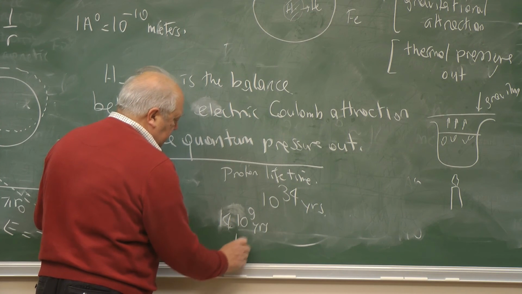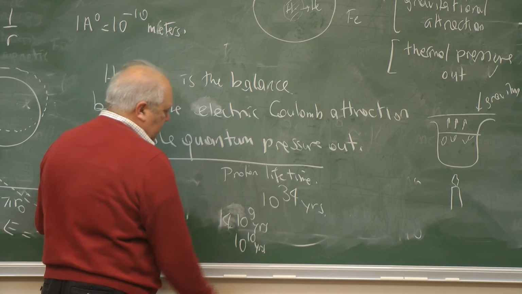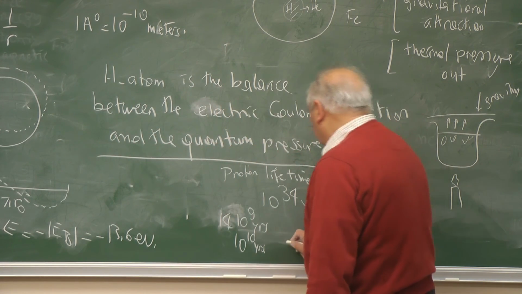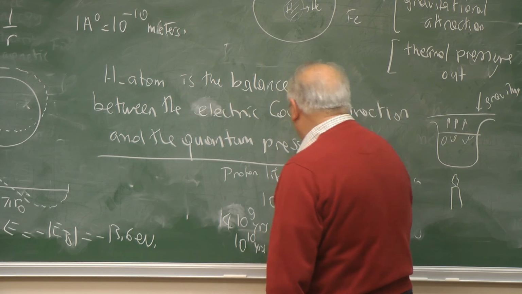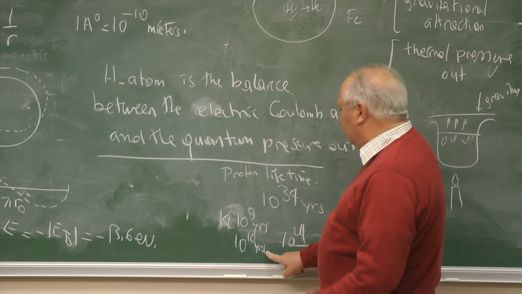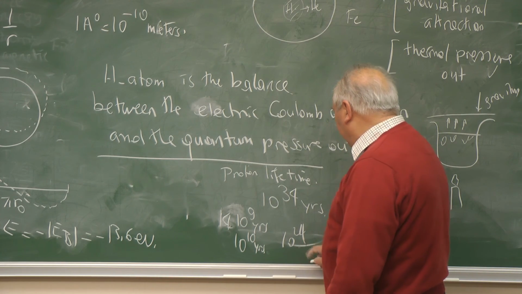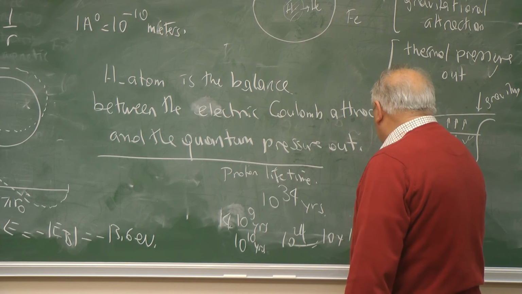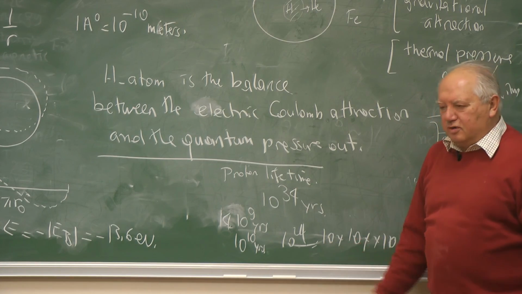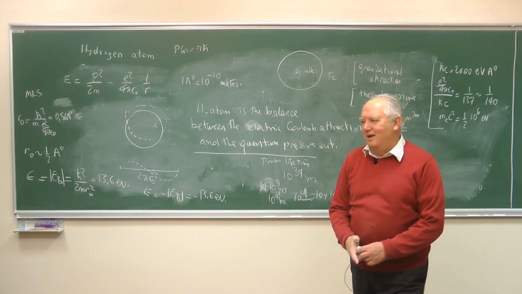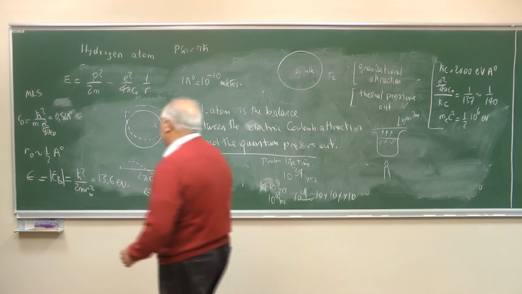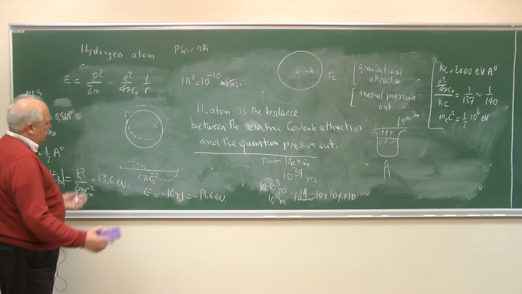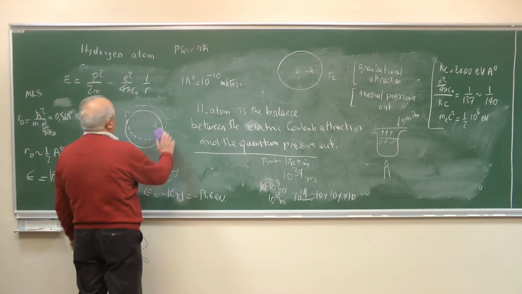Say it's 10 to the 10 years. So for protons, you have to multiply the universe's age by 10 to the 24. Okay. So for all practical purposes, hydrogen is stable, and all atoms in their ground state are stable. And okay, I'm erasing it.